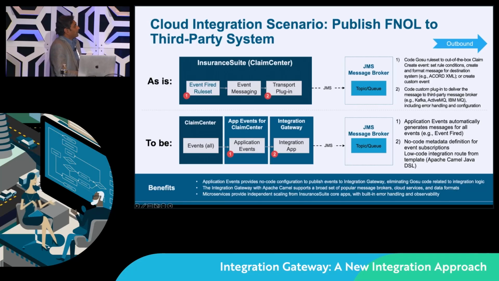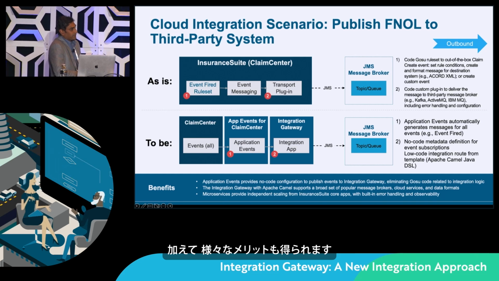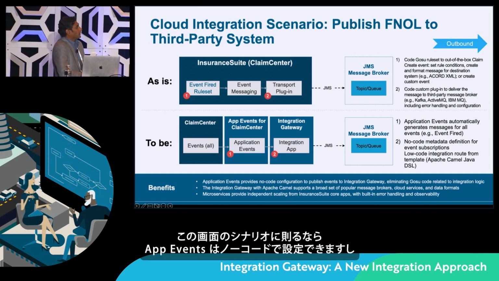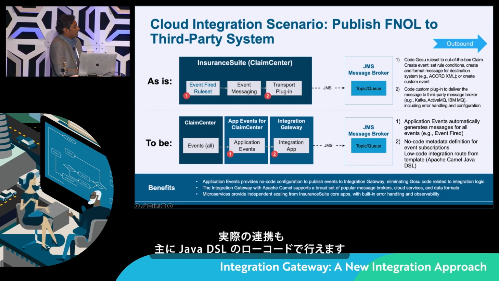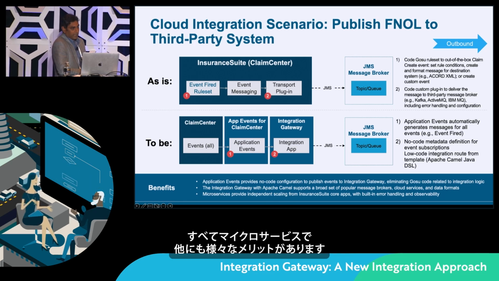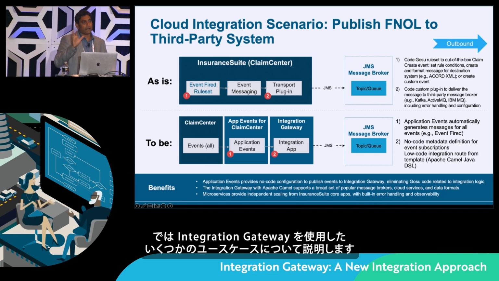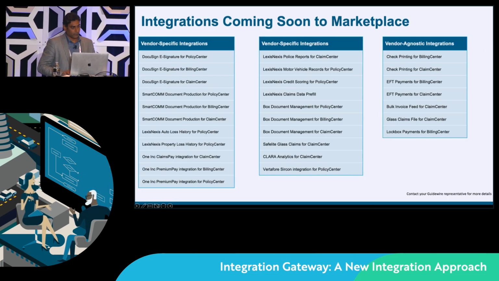Again, there's so much benefit. In this scenario, with app events there's no code, and you're using low code, mainly the Java DSL, and it's all microservices. Those are some of the benefits.